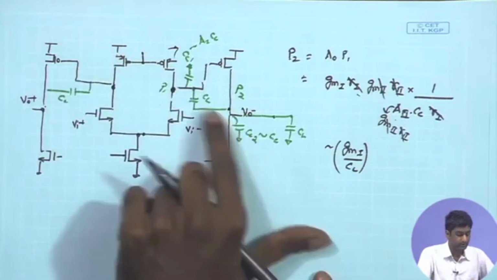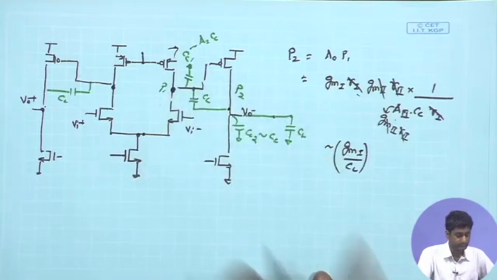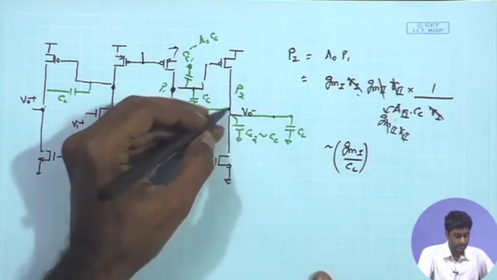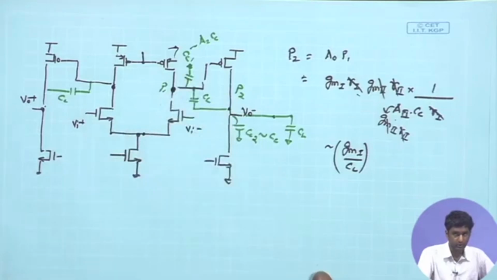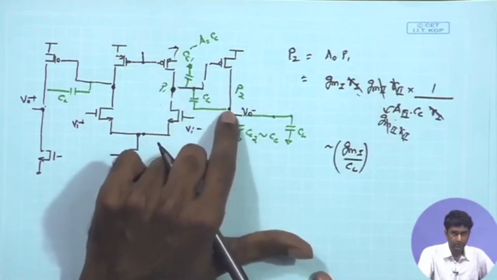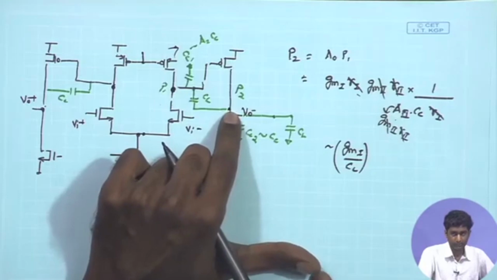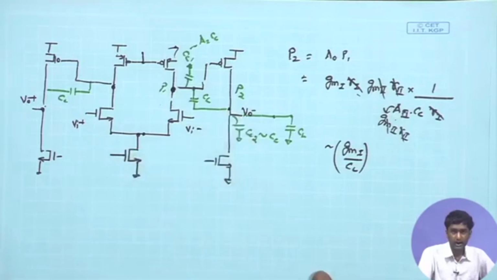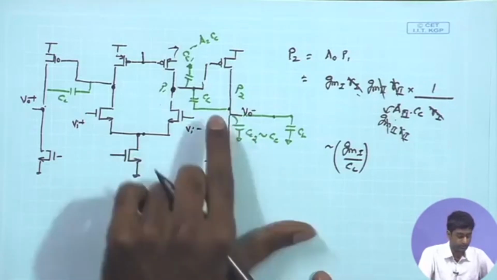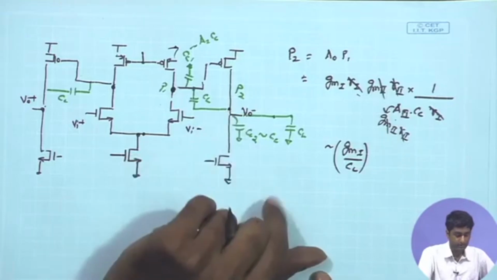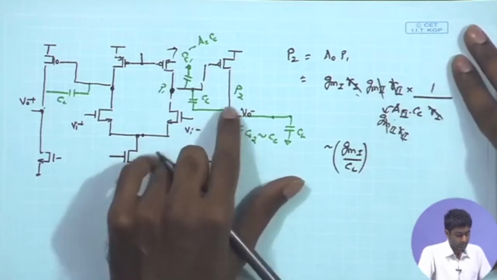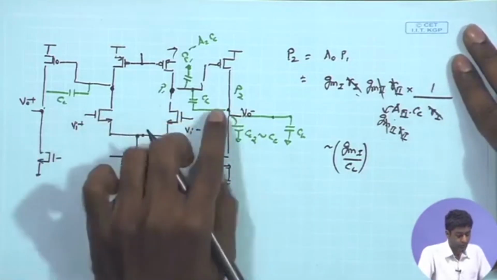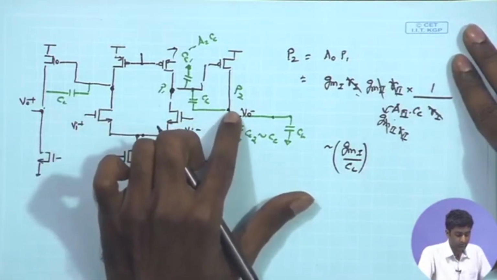But if you are looking at frequencies much beyond P1, there are certain effects coming because of the Cc, the impedance of the Cc going low, which is going to degrade the overall small signal impedance at this node, and let us see how it gives us an advantage in terms of compensation of the overall amplifier response.